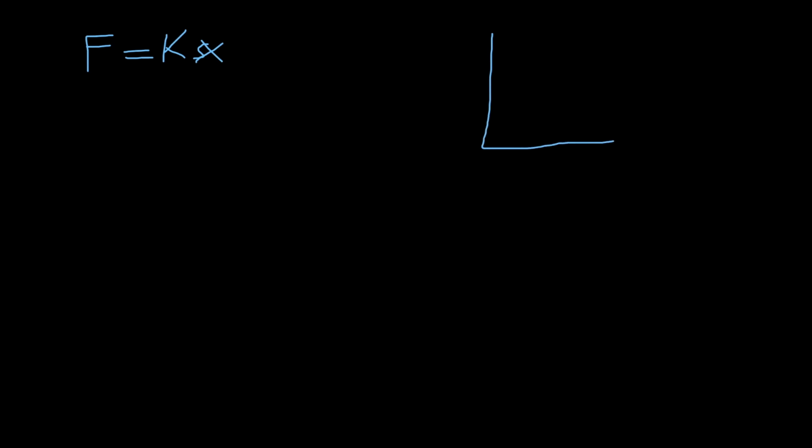This will look something like this. If we draw a graph, we have our force as our function, and then x as our input, and as it goes up, we find that we have something that looks like this, and this will be our x1. We'll just call this x1 for now.